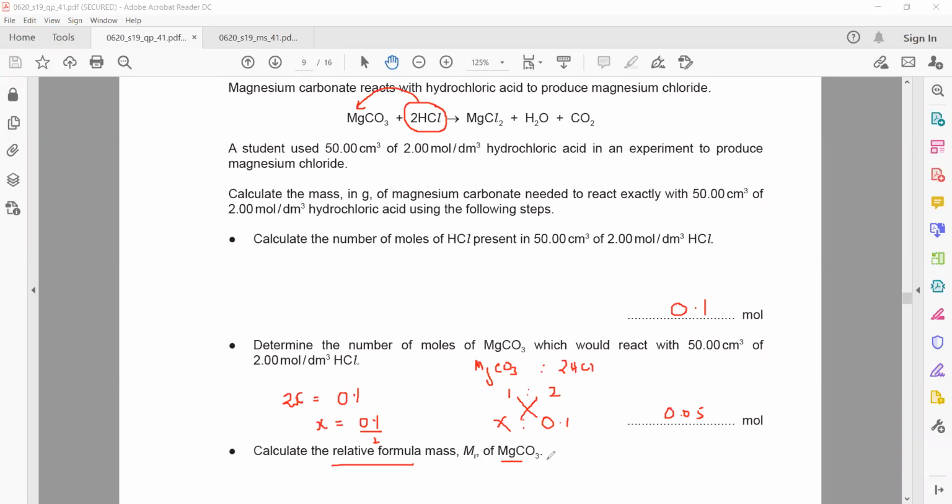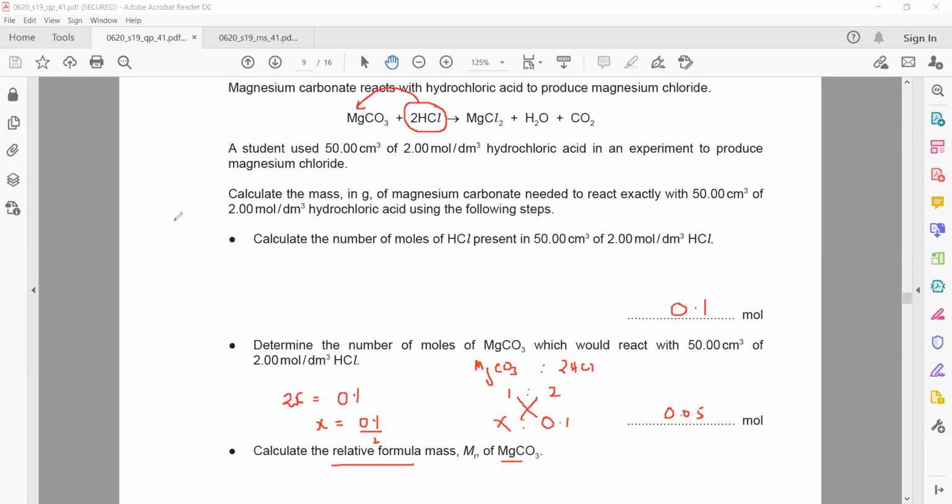Mole is equal to mass in grams divided by atomic or molecular mass, but here we have to find the relative formula mass. So how to find a relative formula mass? Relative formula mass is the same as molecular mass, but for ionic compounds, scientifically, instead of using the term molecular mass, we use the term formula mass.